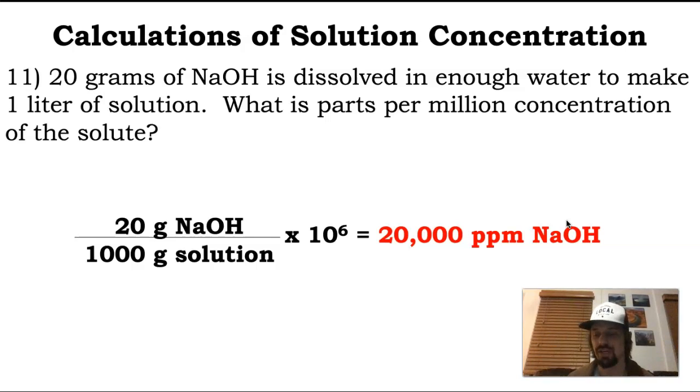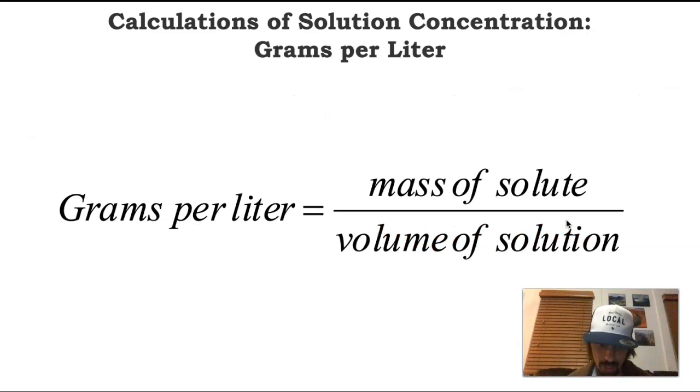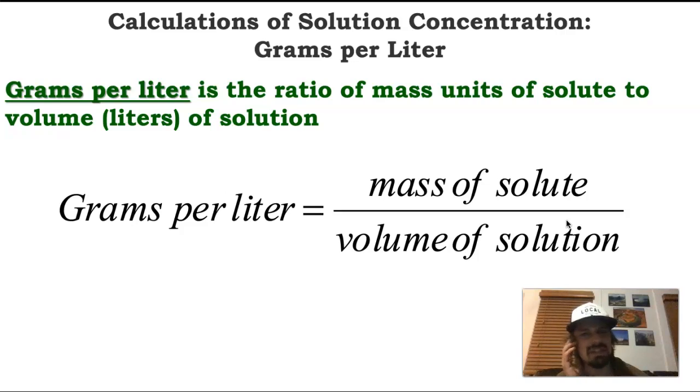That's section 3. One more section. Grams per liter. Good news is it's probably the easiest of them all. Here we just take mass of solute per volume of solution. I'm sure you see this sometimes at the store as well. It's pretty easy to understand: how much mass do I dissolve per liter of solution.